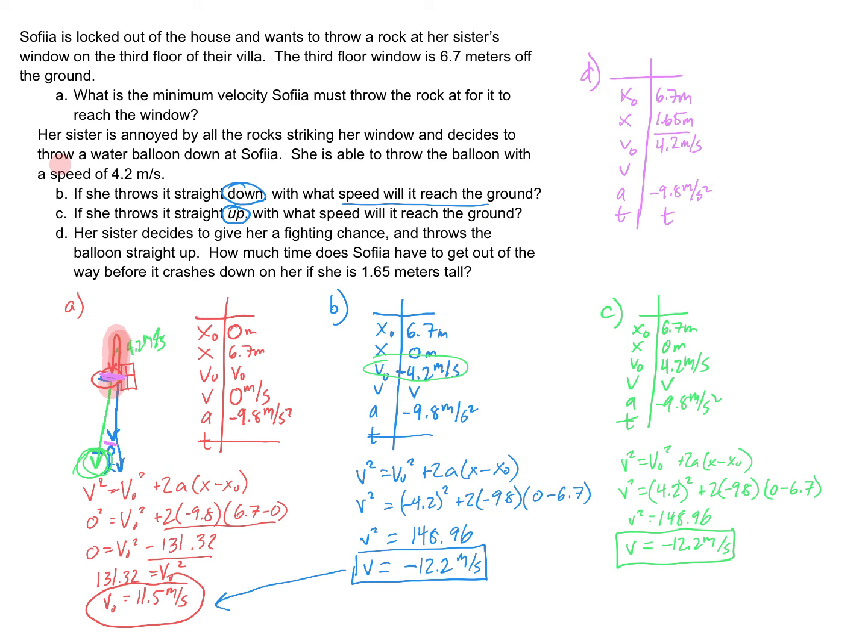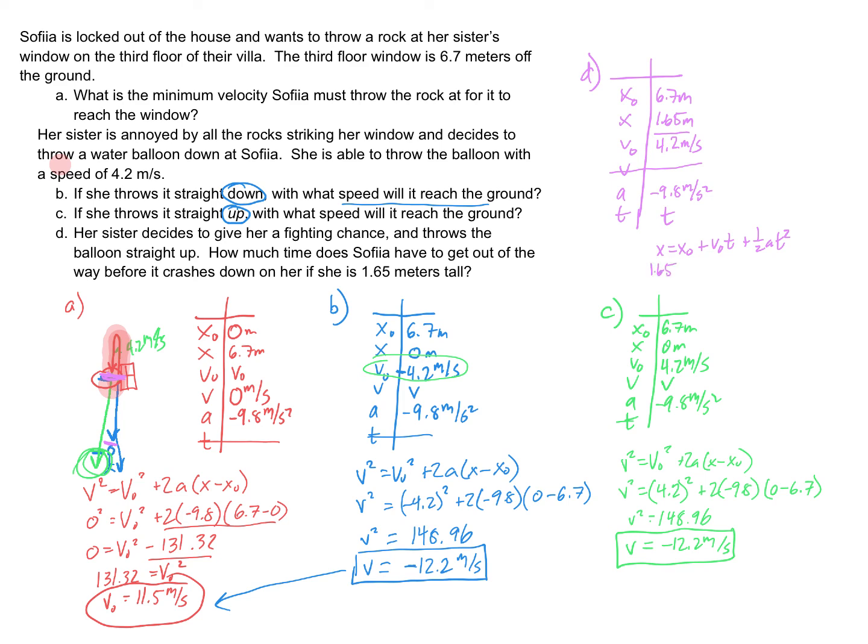So we're not going to use the same equation again, because that's going to give me V. Instead, I want something with t, something that does not have V in it, and so I'm going to go with x equals x naught plus v naught t plus 1/2 a t squared.